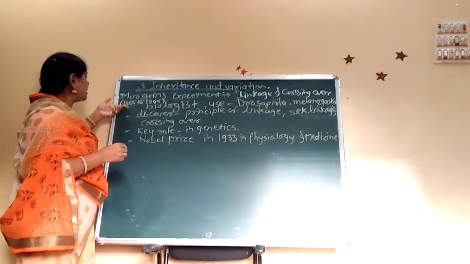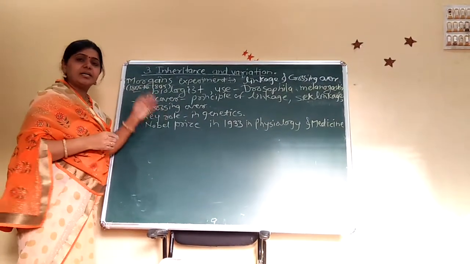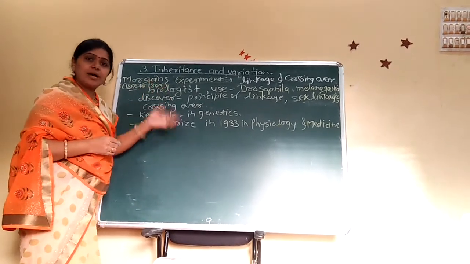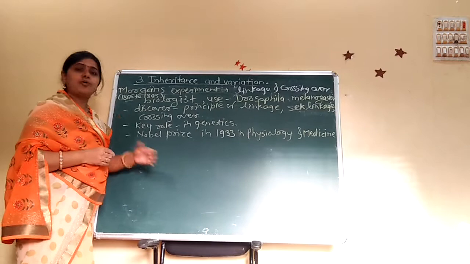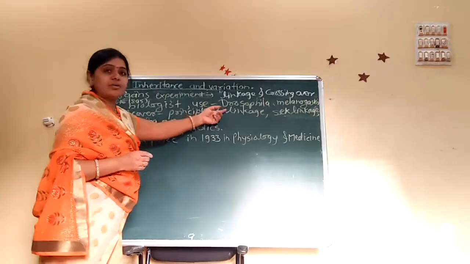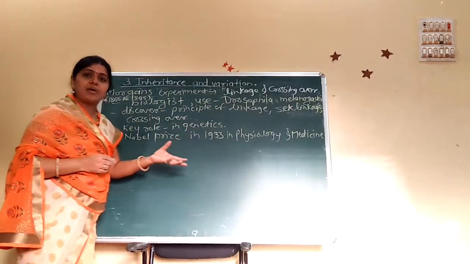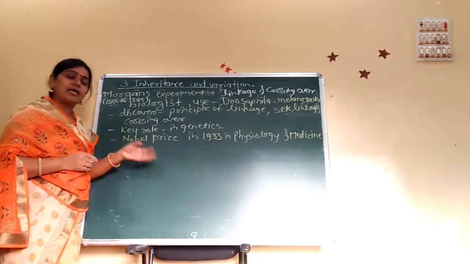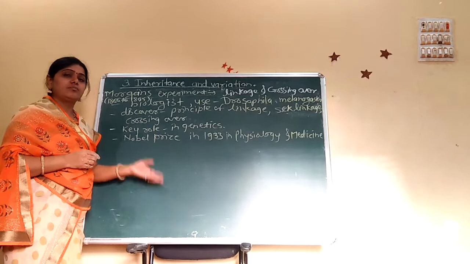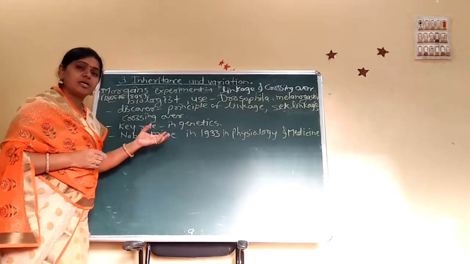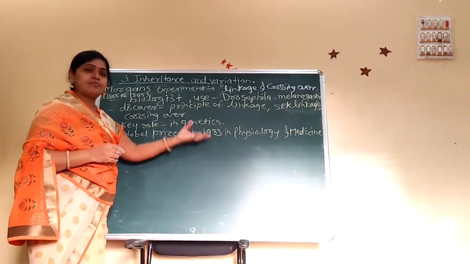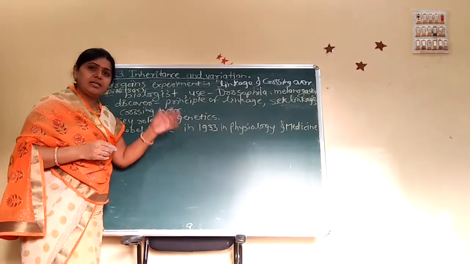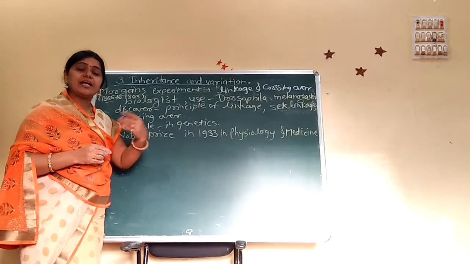Morgan, who was born in 1866 and died in 1945, was a biologist, and he used Drosophila melanogaster for his experiment. Drosophila melanogaster is the fruit fly. Why did he use it? Because it has a very short lifespan, at least 2 weeks, and a high rate of reproduction.